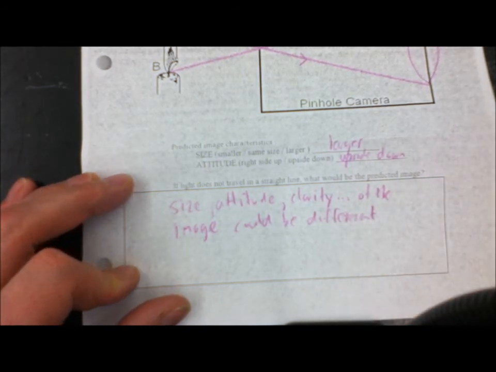We don't live in a world or a universe where light is bending unless there's a lens involved in some way. So it's hard to actually make a prediction, but some way that image is going to be different.